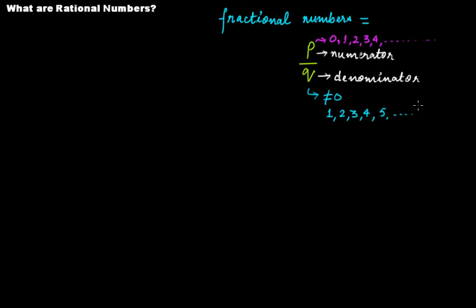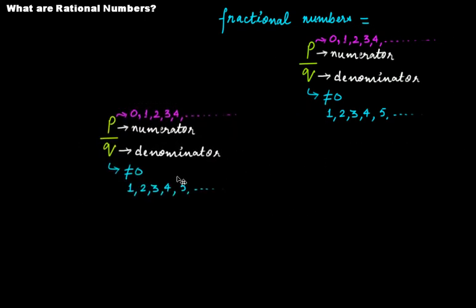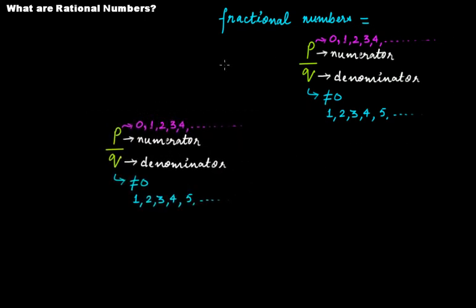So let me copy this much here. So what we have discussed till now, on the basis of that we can say p cannot be equal to -1, cannot be equal to -2, cannot be equal to -3, and so on. That is, p cannot take any negative integer.